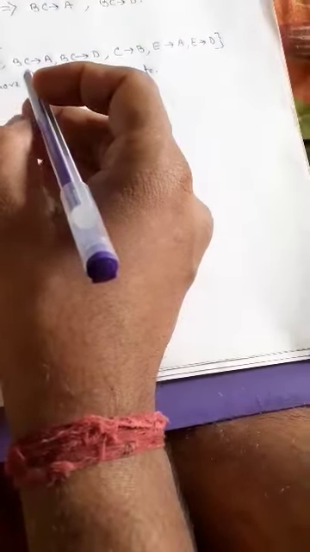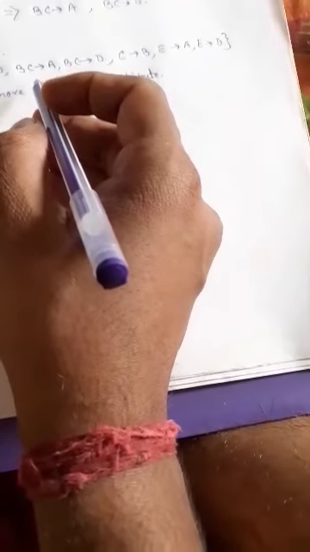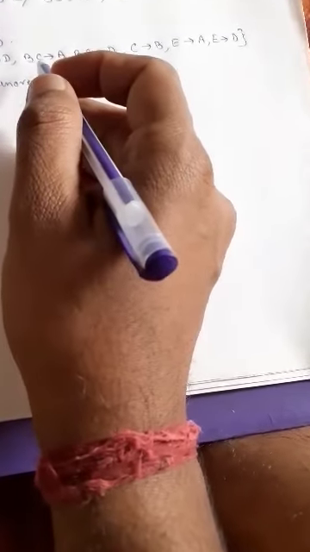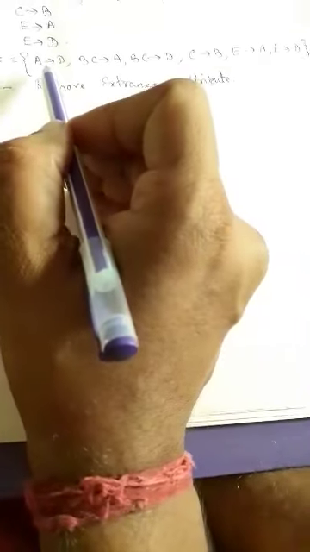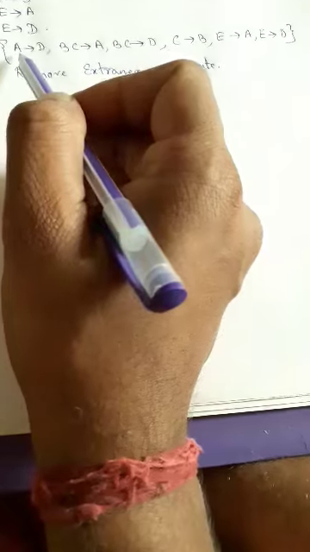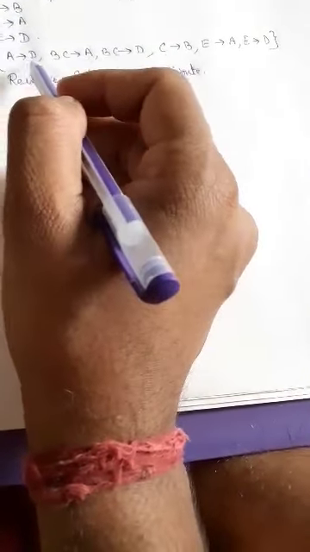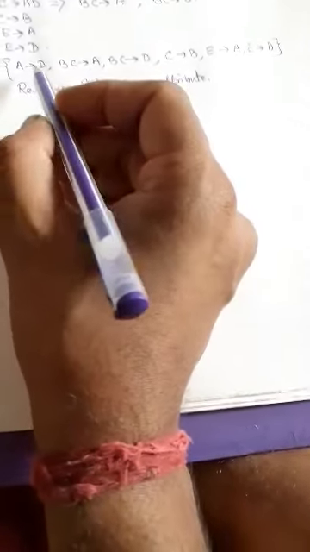So find the extraneous attributes from the functional dependencies. If the left hand side consists of more than one attribute, then there is a possibility of extraneous attributes. In A → D, the left hand side is a single attribute, so there will be no extraneous attributes.